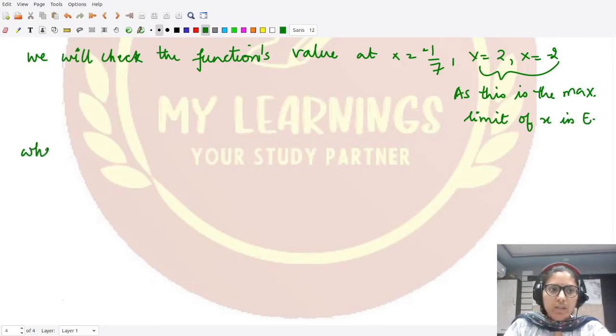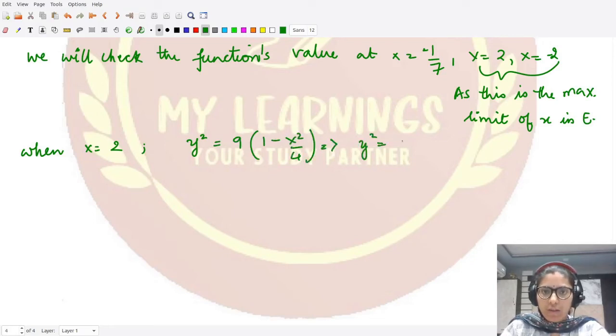So let's first check when x is equal to 2. When x is 2, what is the value of y? We have y square is equal to 9 times 1 minus x square by 4. This was the given region. So y square is equal to 9 times 1 minus 2 square by 4. This value is 0 only, so you have the value of y as 0.